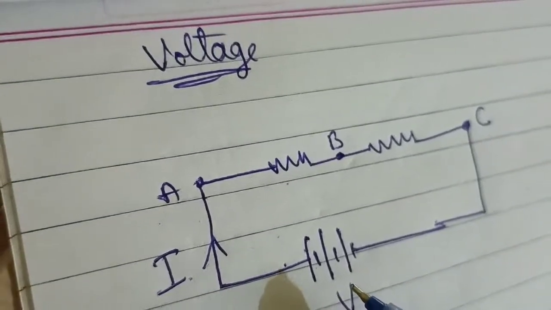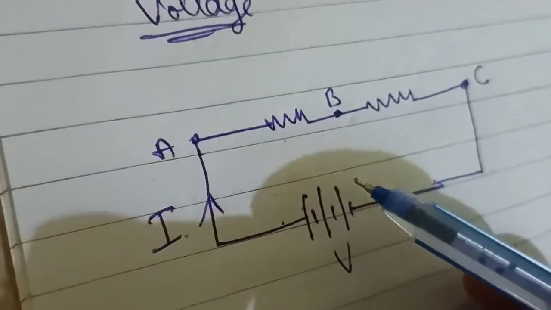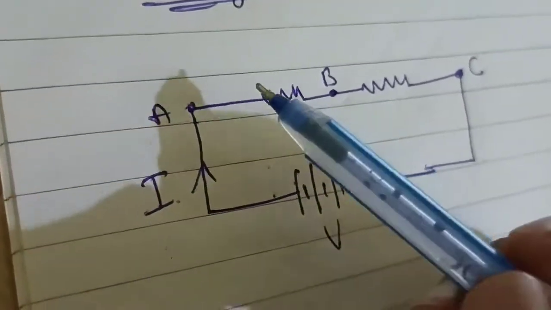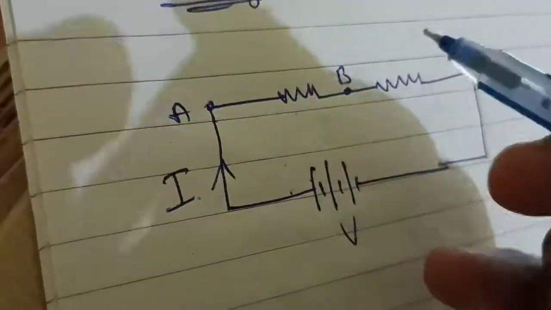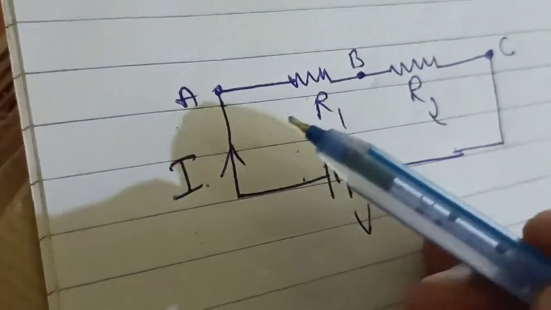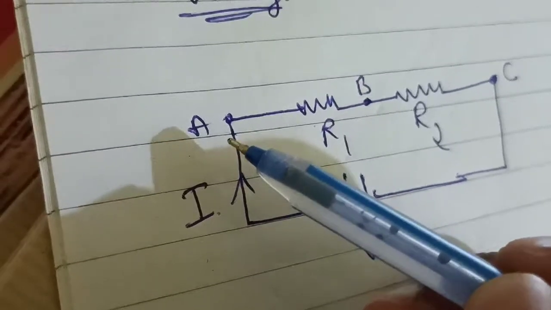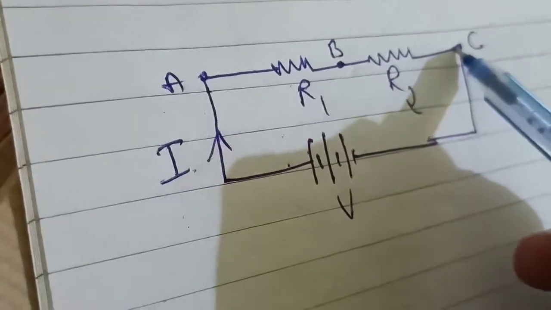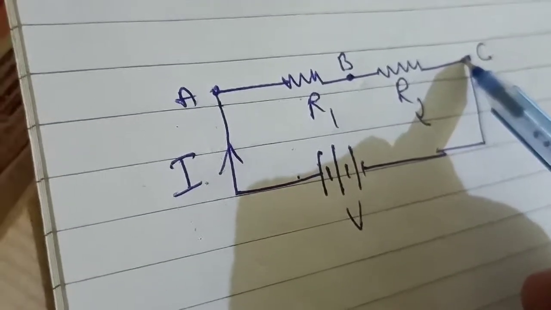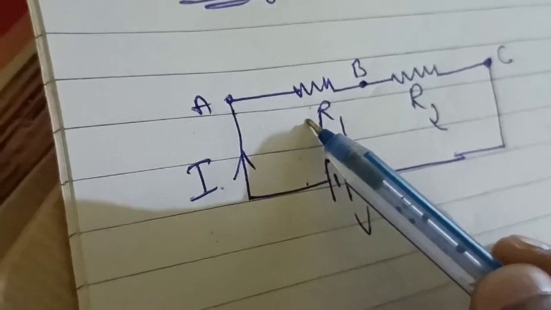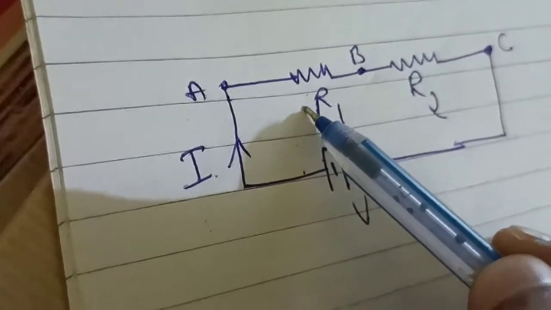Now what will be the voltage across the resistors R1 and R2? Okay. Now here if you see, I have labeled the resistors. This is R1 and this will be R2. Now I have labeled the resistor ends as A, B and C. If I need to find out the voltage across R1, what will I do?